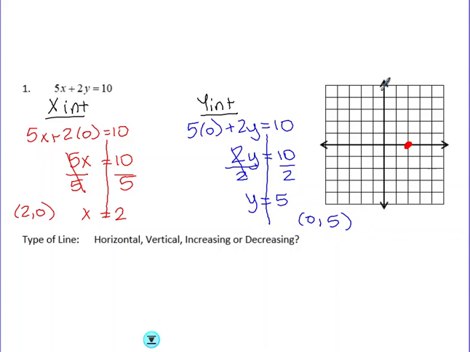If I graph that point, that is right here at the top of our graph. So to graph this line, all I need to do is connect these 2 points. Now, if we look at this graph, is it horizontal, vertical, increasing, or decreasing? If we start on the left and follow the line, we are going down, so this line is decreasing.